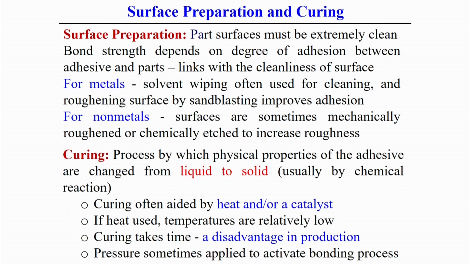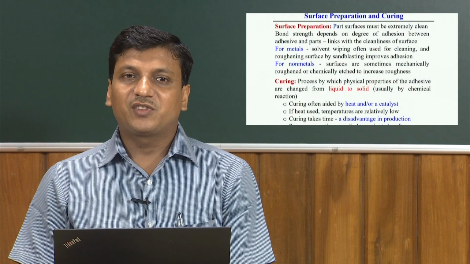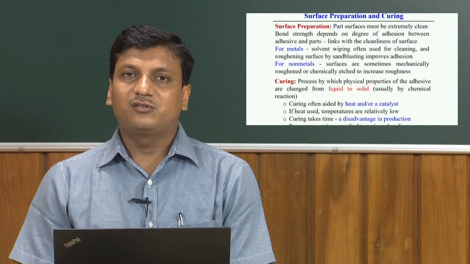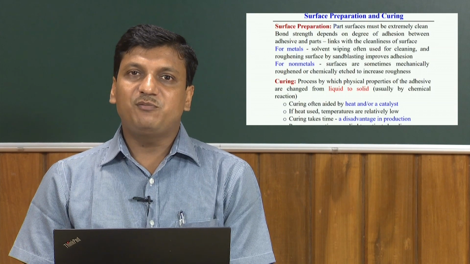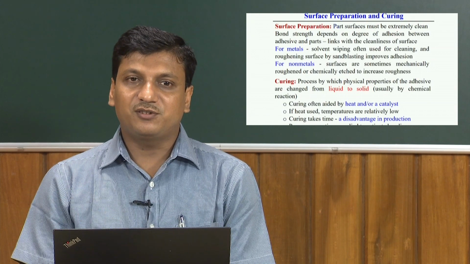Sometimes sandblasting techniques are used to improve the surface roughness of the material. The surface may not be too rough, as there may be other difficulties, but a certain roughness is required so that wetting action by the adhesive on the surface can be good.